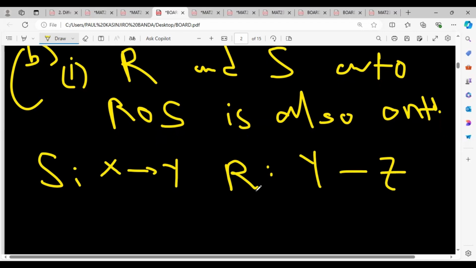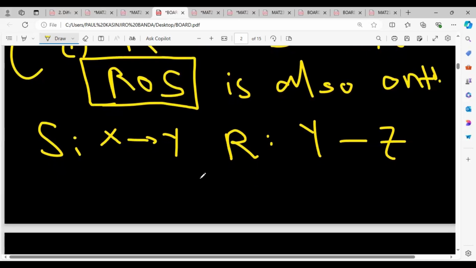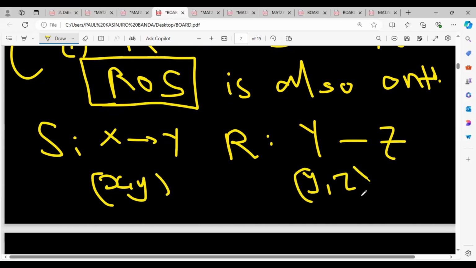If these are my two mappings, and I want to show that R of S is onto, then if here I have a coordinate X, Y, and here I have a coordinate Y, Z, and I take the composition R of S, we know that you have to start with the relation that is on the inside.